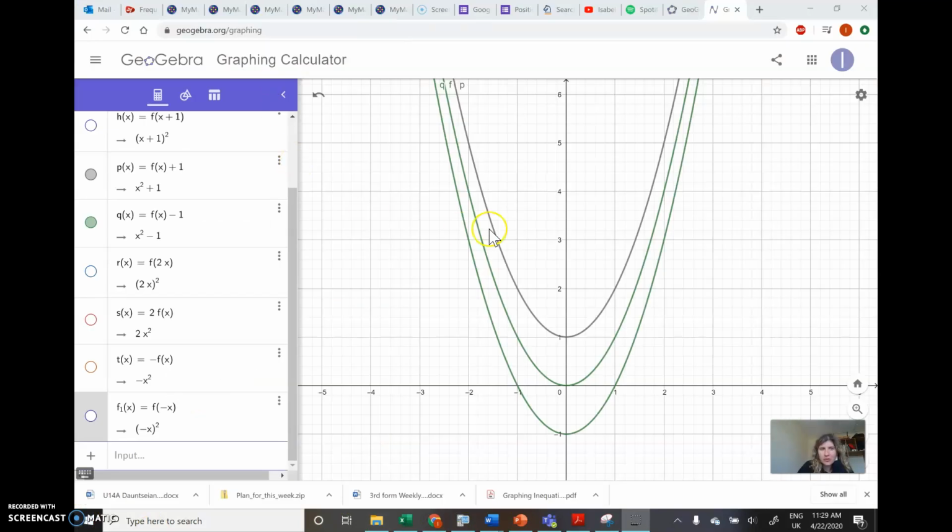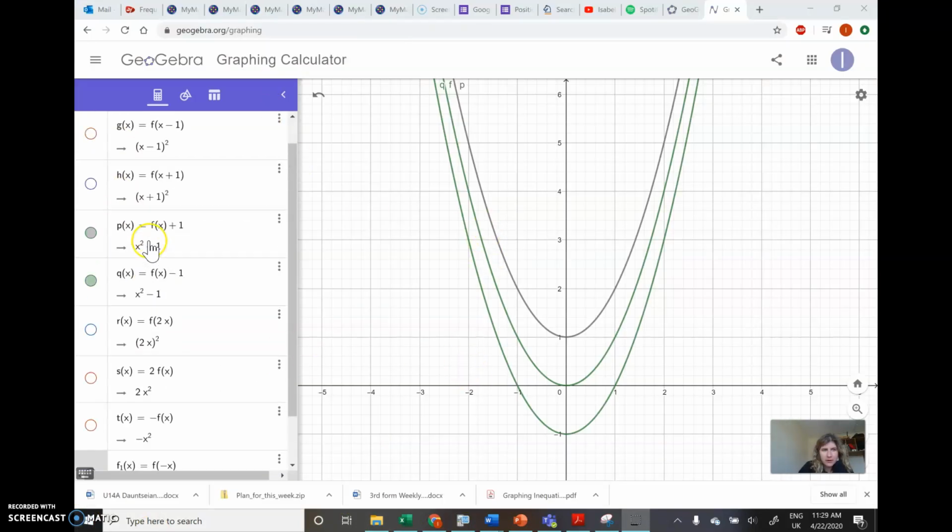I just wanted to show a couple of other ones now. This is f of x plus 1, this grey one. You've taken your f of x, so that's still your x squared, and you've increased all the values by 1, so that creates a vertical shift or a vertical translation of plus 1. For this green one, x squared minus 1, that's taking away 1.